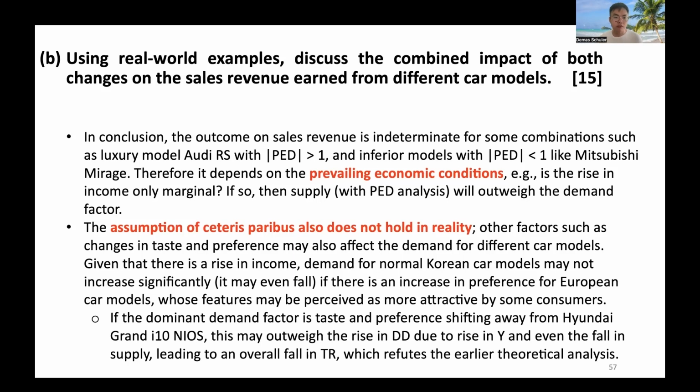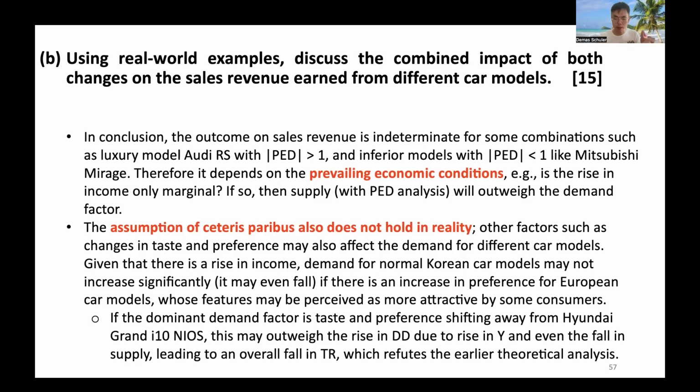Also, the assumption of ceteris paribus does not hold in reality. Other factors such as changes in taste and preference may also affect the demand for different car models. Given that there is a rise in income, demand for normal Korean car models may not increase significantly. And just a note, normal is the overarching term with 2 subsets.